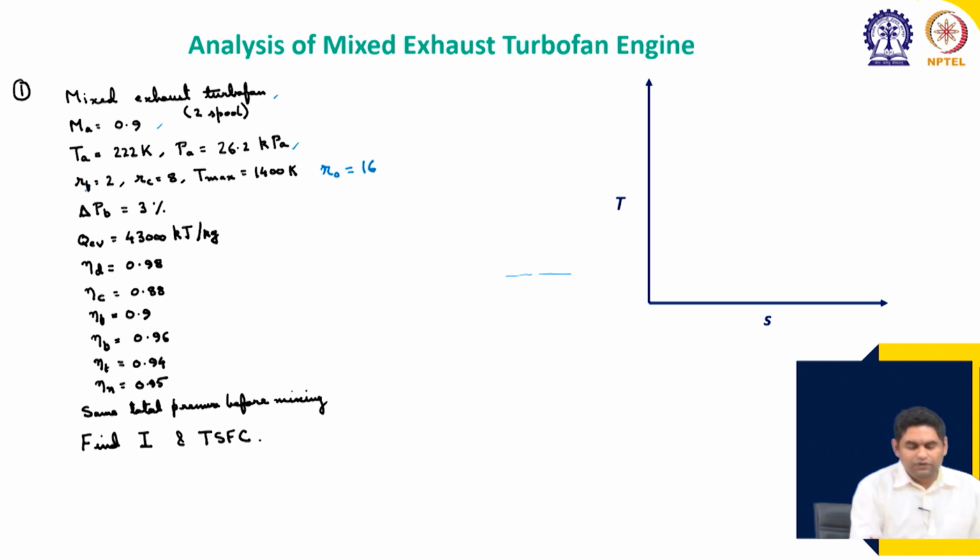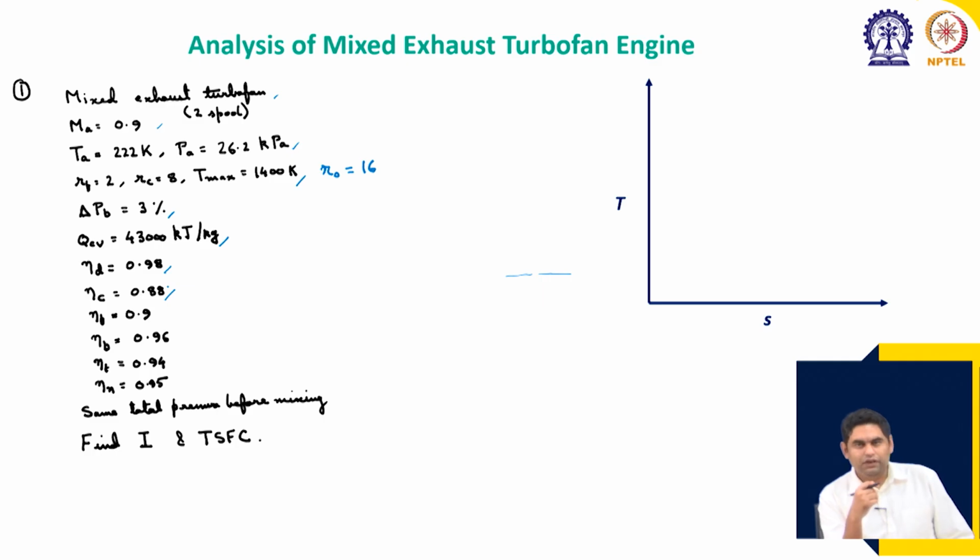T max we will have as 1400 K, pressure loss is 3% in the combustion chamber, calorific value is 43,000 kilojoule per kg, diffuser efficiency is 98%, compressor efficiency is 88%, there is no fan, so that is not needed. Combustion efficiency is 96%, turbine efficiency is 94%.